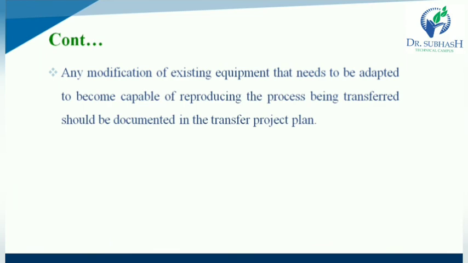Any modification of existing equipment that needs to be adapted to become capable of reproducing the process being transferred should be documented in the transfer project plan. So any modification of existing equipment that needs to be adapted to become capable of reproducing the process that is being transferred should be documented in the transfer project plan.